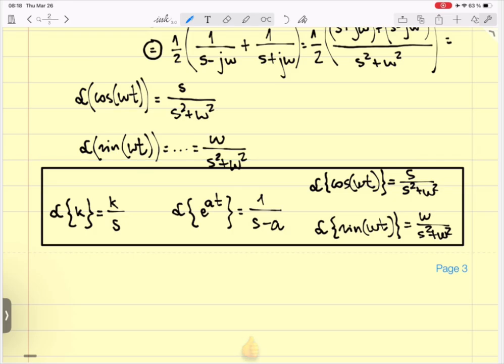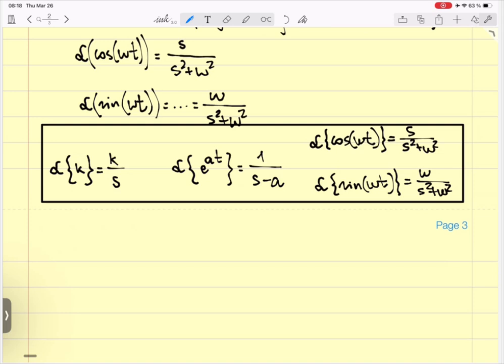So another useful result, number 4, is the Laplace transform of power functions.